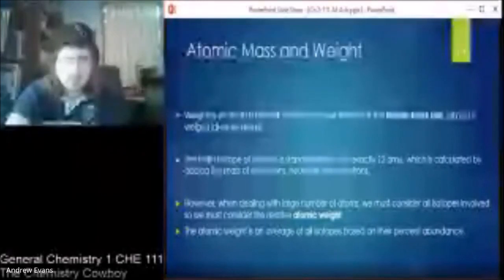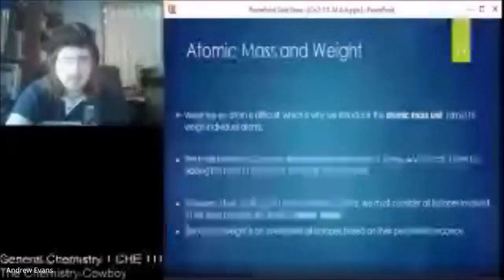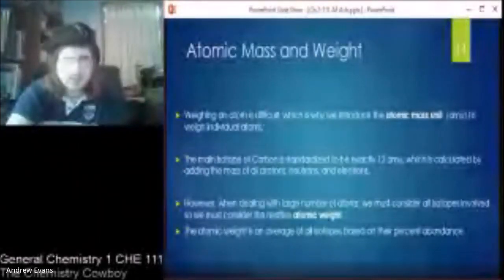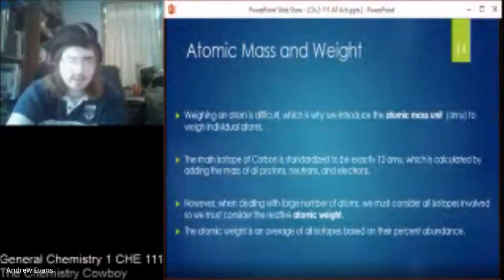deal with individual atoms. Now, for our standard measurement, we take the main isotope of carbon, the carbon that's in all of our bodies, and set that to be exactly 12 AMU.